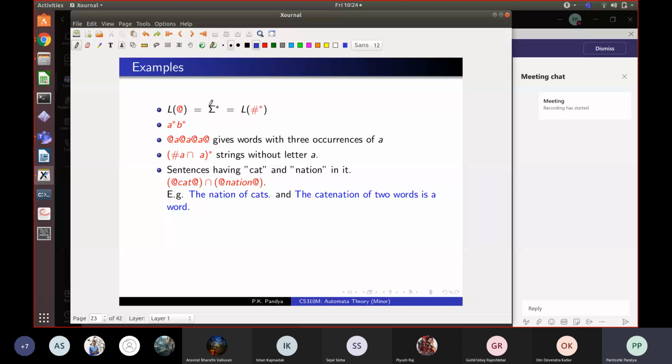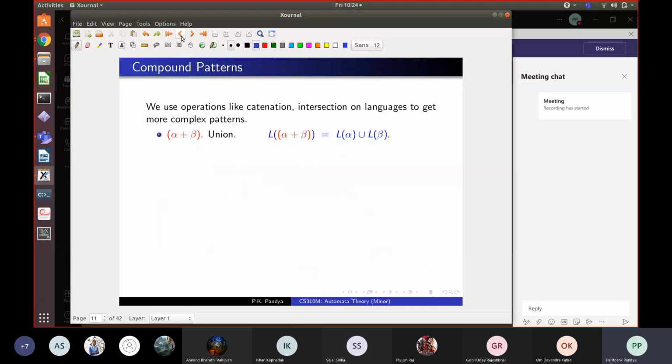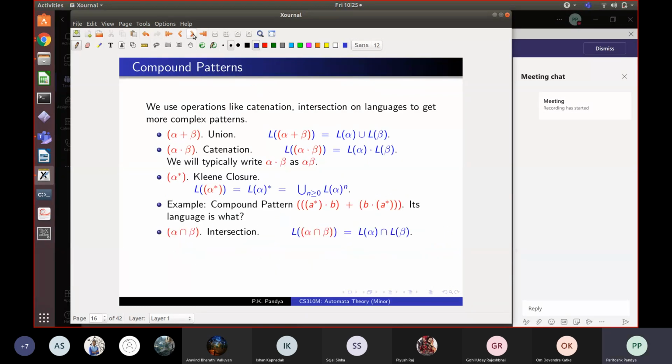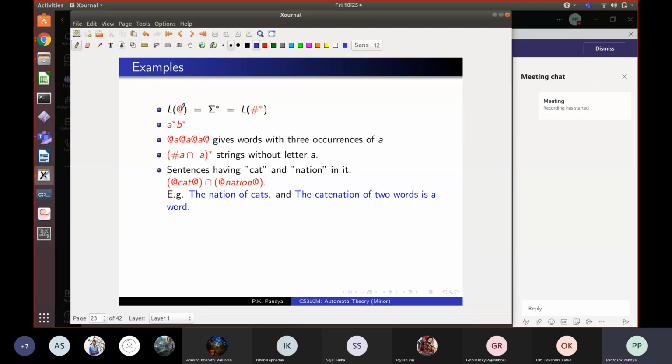OK, fine. So what is the language of at? What is the rule for at? We have to go back to the slide which defines the rule. The language of at is sigma star. So I have here the language of at is the same as sigma star, which is the same as, what is the language of hash?